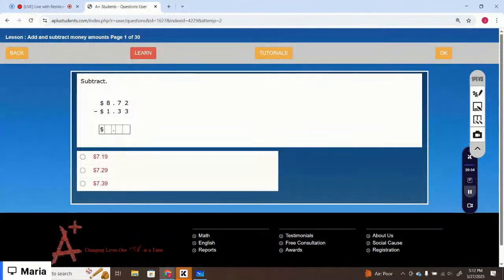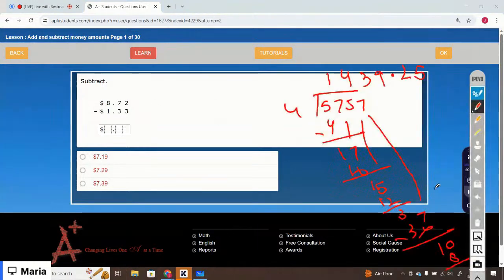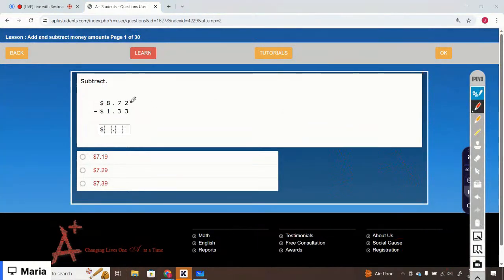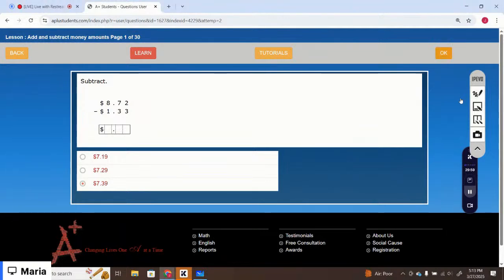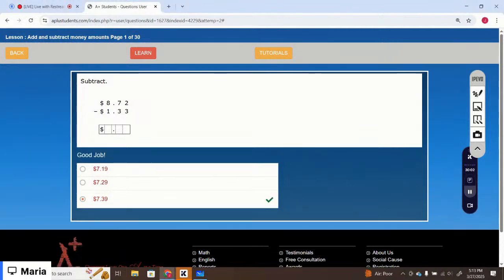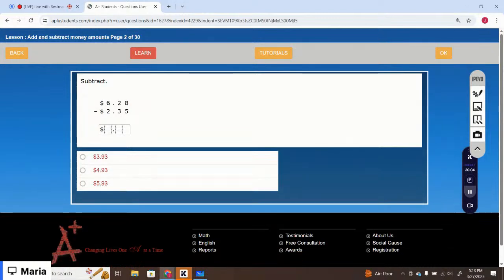8.72 minus 1.33. Let's just subtract. We need to borrow one. That is $7.39. Option number three is the correct option. 6.28 minus 2.35, which is the correct option?